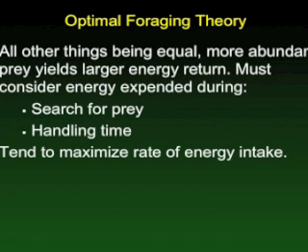And then they need to maximize that or balance that so that they're sure that they're getting enough energy back from the prey in order to support the energy expenditure that they had in searching for and handling the prey.